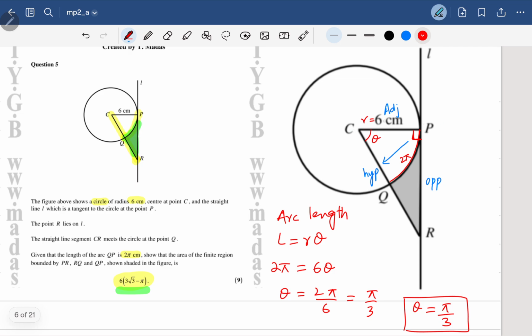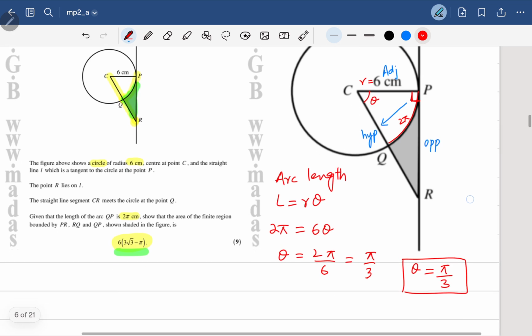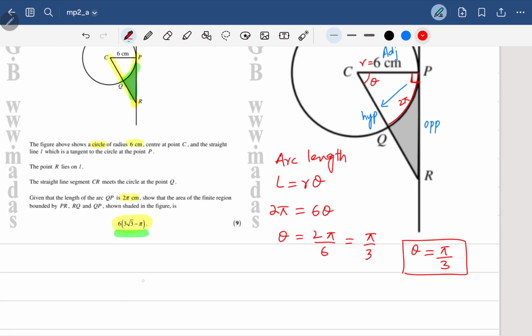CP is given as the radius, which is 6, and we can work out PR, since we know the angle as well, which is pi by 3. So if we consider the length CP, which is adjacent, and consider opposite over adjacent, tan theta is opposite over adjacent.